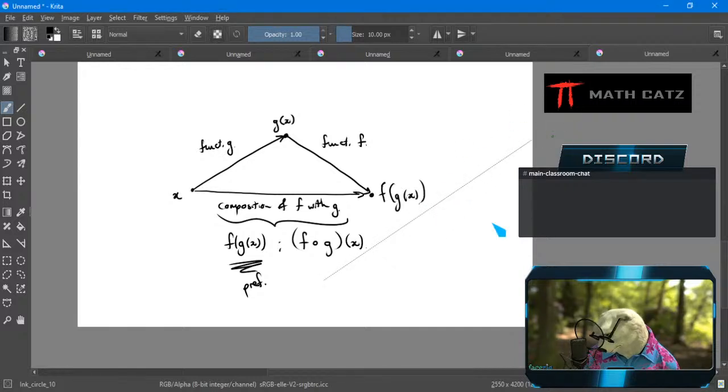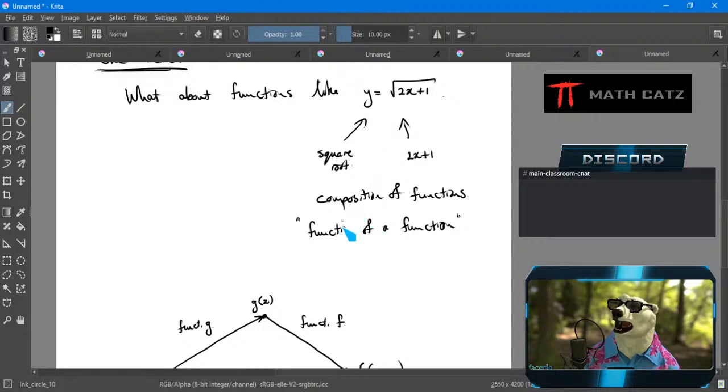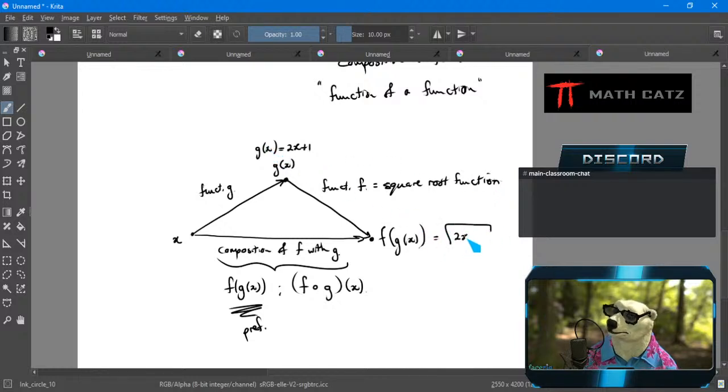So we can get the above example, which was 2x plus 1 and then the square root, by saying this guy is going to be taking x to 2x plus 1, and this guy is then going to be, let's say just informally, we're going to get better in a second, the square root function, which takes whatever the input is and puts a square root around it.